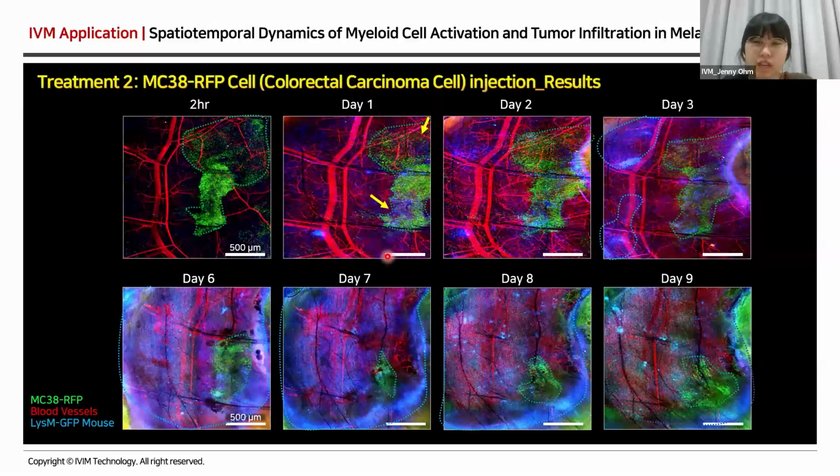As time progressed, the immune cells increasingly invaded the tumor, but unlike in the first group, the immune cells also spread beyond the tumor margins into the surrounding tissue. In conclusion, in the second group, immune cell activation began on day 1. Significant immune cell infiltration was evident by day 3, and notably, the extent of infiltration was much broader and wider in the second group compared to the first group.